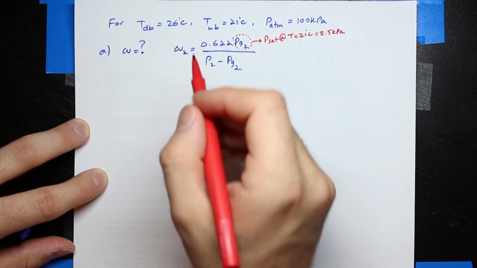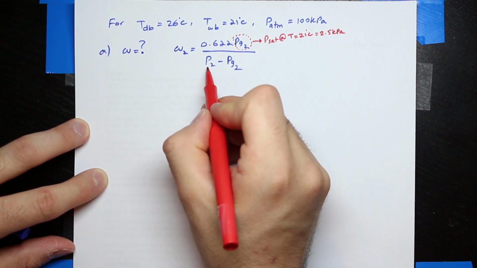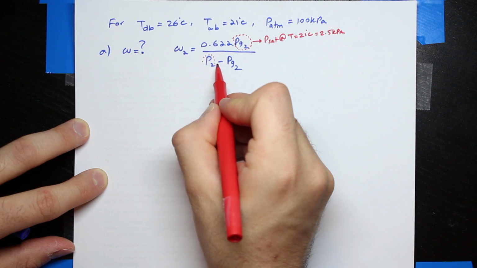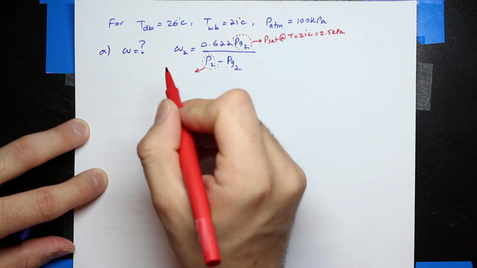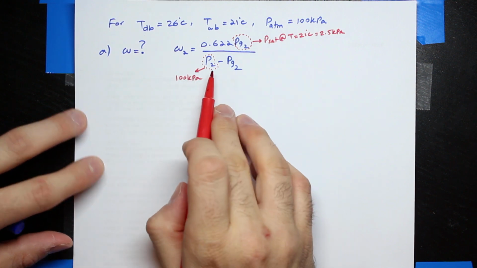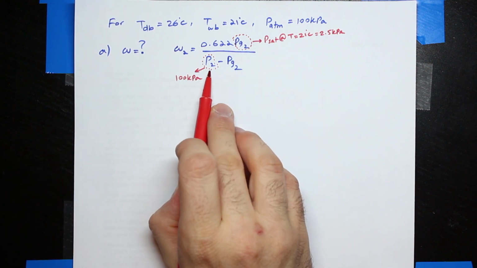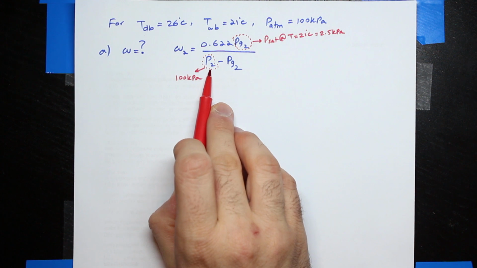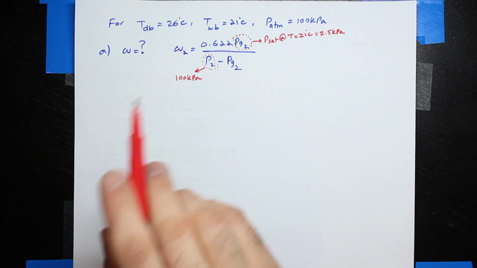What about P2? P2 is the total pressure we have at the exit. The total pressure at the exit is the same as the total pressure at the inlet, and that is 100 kPa. Don't forget that the total pressure is equal to the dry air pressure plus the vapor pressure.